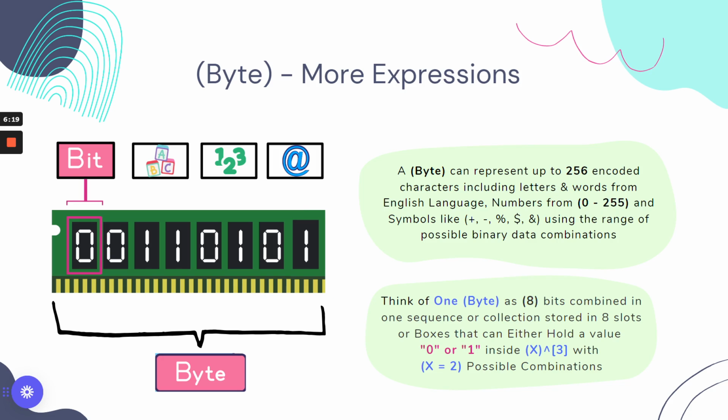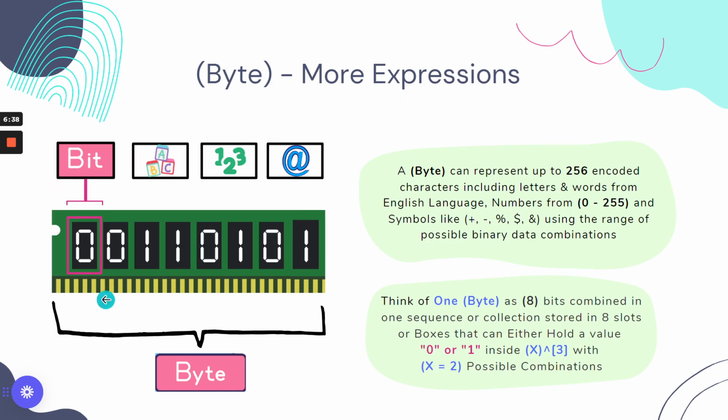Think of 1 byte as 8 bits combined in one sequence or collection stored in 8 slots or boxes that can either hold a value of 0 or 1 inside with many possible combinations.